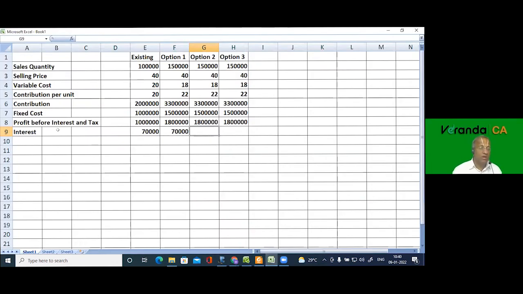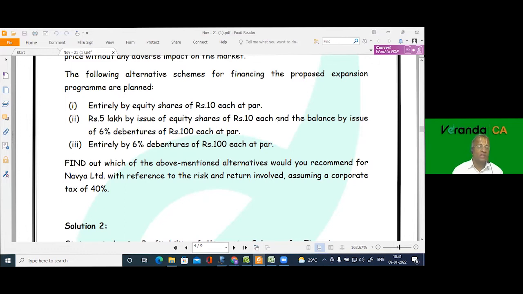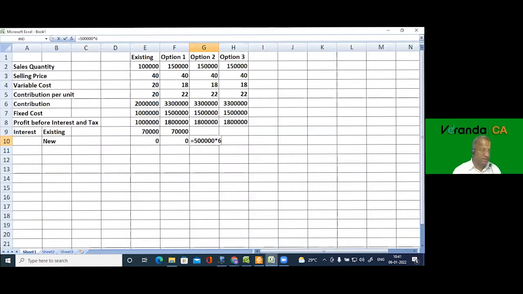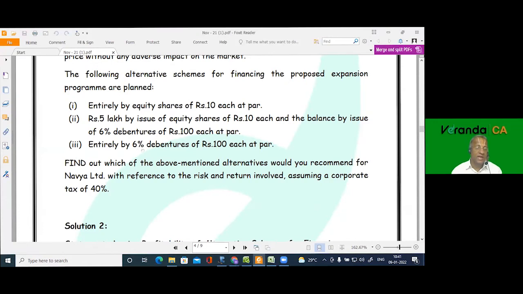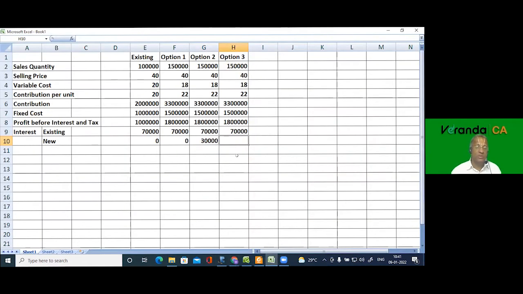This one will be, or I will put it this way, existing, new. 0, 0, and here on 5 lakhs into, because they mentioned 5 lakhs issue and the balance at 6%, at the rate of 6%. So this will continue to be there. And here, entire requirement, they are making it out this way. Because sum required is 10 lakhs into 6%.